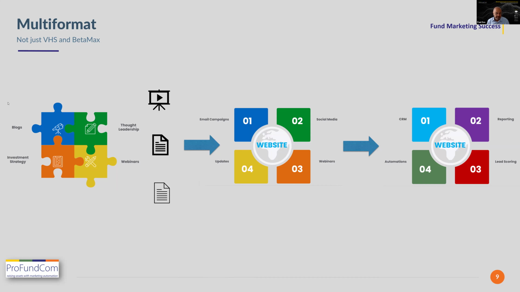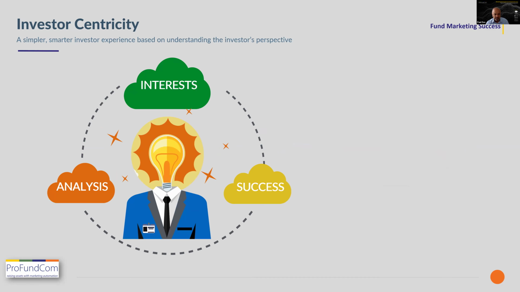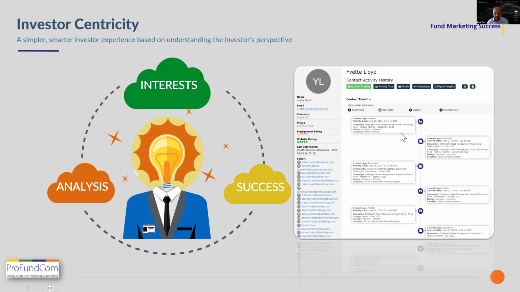The reason integration is so important is because ultimately you want to be in a position to have investor centricity: the ability to know your investor's interests, what success looks like to them, and how engaged they are. A good example is an investor named Yvette.